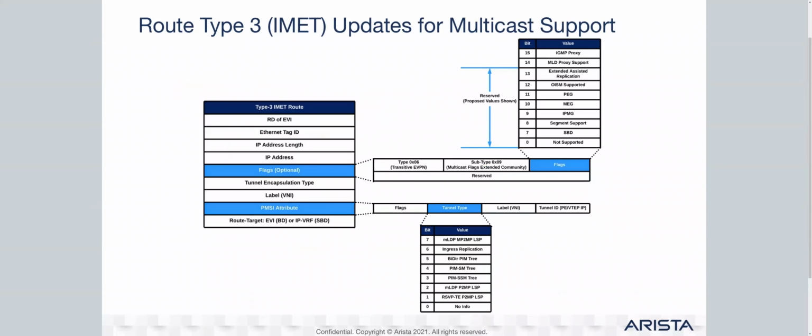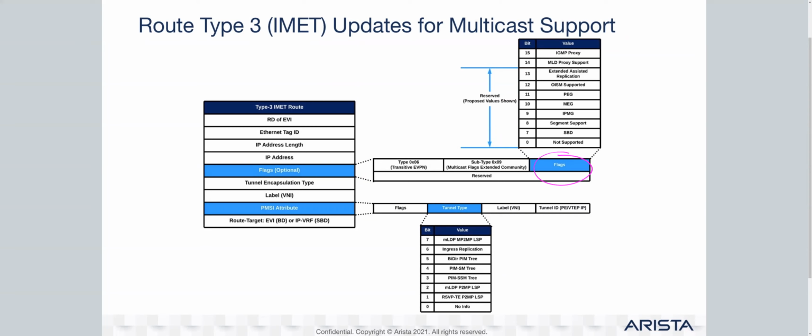So first, on a per bridge domain basis, the level of EVPN multicast capabilities is going to be signaled via the IMET route. This is the IMET route we've been discussing since the initial webinar. It got a fresh coat of paint, a little bit of an update, specifically around the multicast flags.